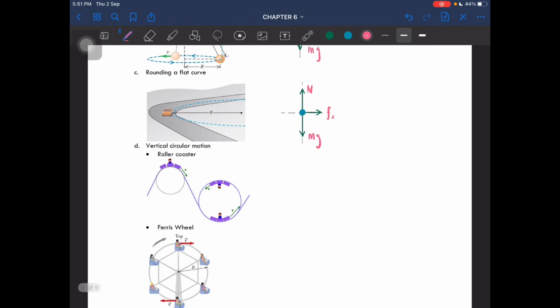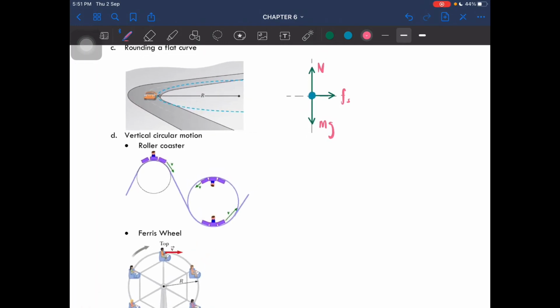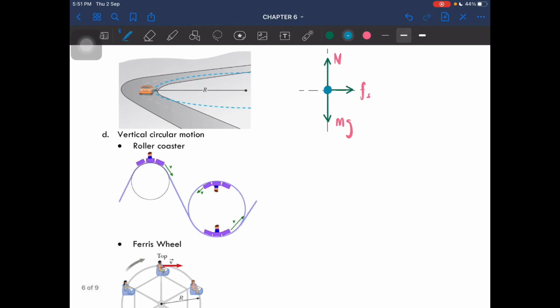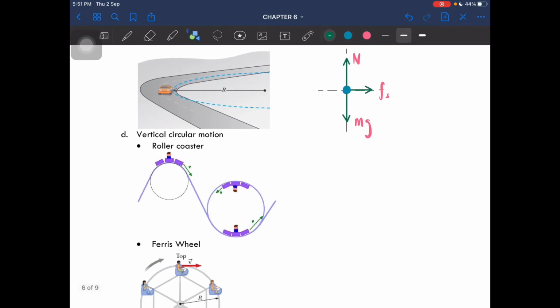And now we are looking at a roller coaster. I'm just going to draw it here on the diagram itself, so hopefully you don't get confused.